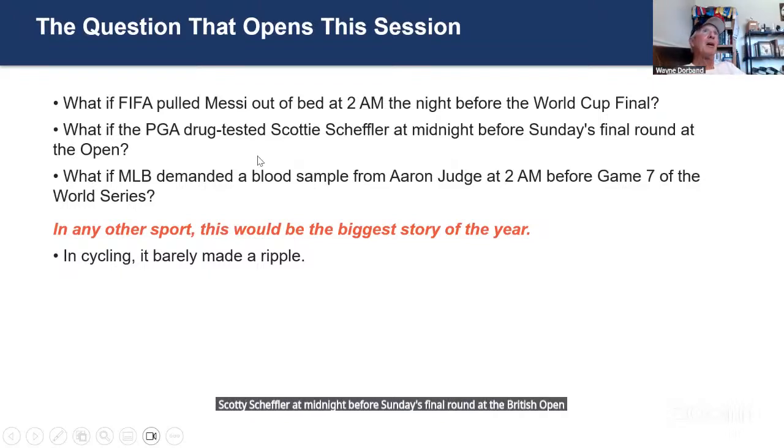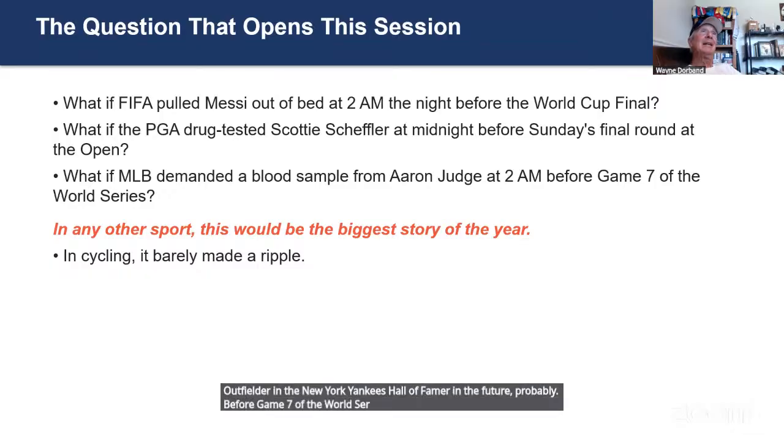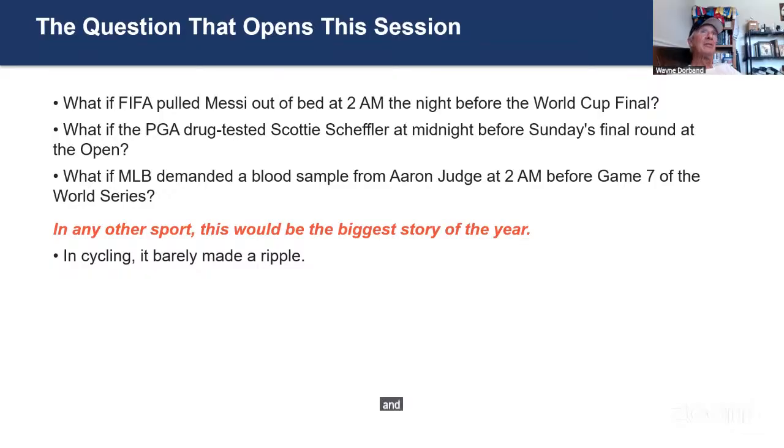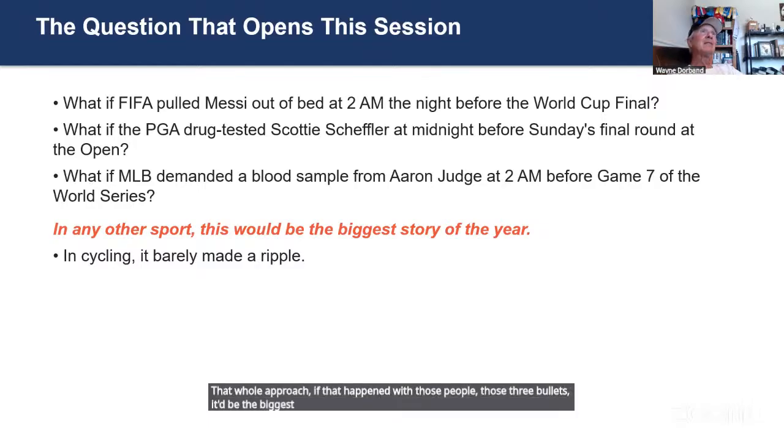What if Major League Baseball demanded a blood sample or urine from Aaron Judge, outfielder for the New York Yankees, Hall of Famer in the future probably, before Game 7 of the World Series? In any other sport, if that happened with those people, those three bullets, it'd be the biggest story of the year. And yet hardly anybody even knew about it.